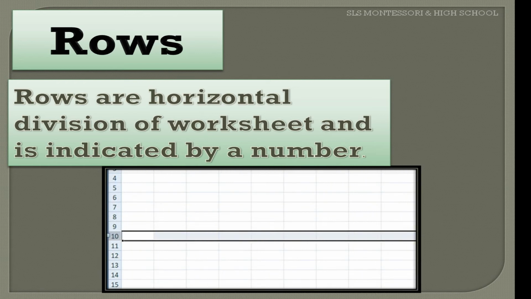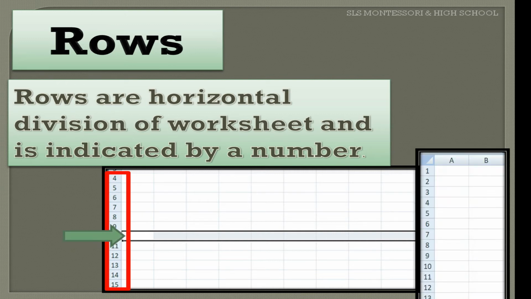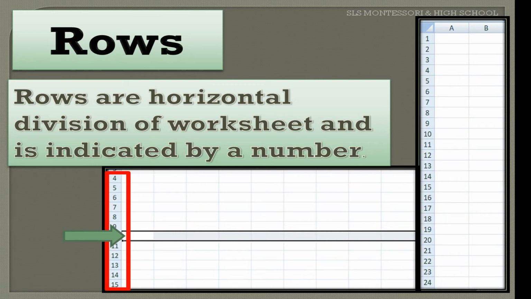As you can see in this picture, this is the horizontal division of worksheet that is highlighted. And now these are the numbers representing rows. In this picture, they all are represented by the numbers 1, 2, 3, 4, 5 and so on.